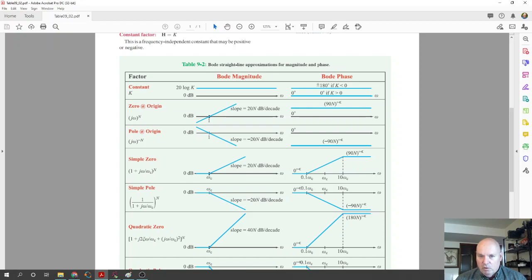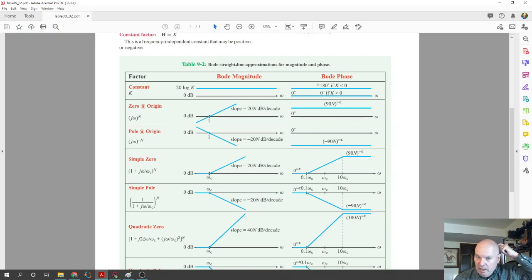A pole at the origin would just be a j omega to the n in the denominator, or a j omega to the negative n term, and that would look like the 0, but with a negative slope. And a 1 over j omega squared, for example, would go through the 0 dB line at omega equal to 1, and then decrease at a 40 dB per decade rate. Again, that's a 1 over j omega squared term.